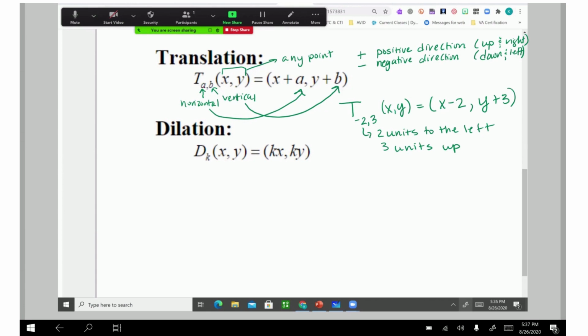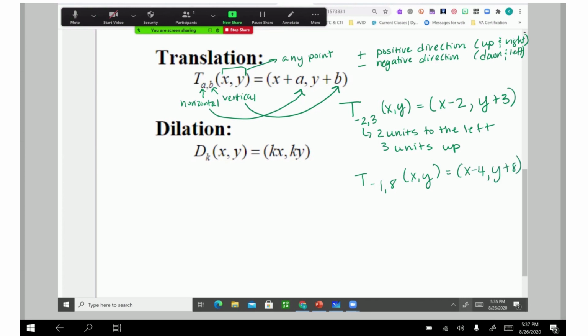Now, you're probably wondering, where did I get the numbers -2 and 3 from? I made them up. I just came up with a number. So can you. You can come up with any numbers you want. Say you wanted 4 and -8. Then you would simply write T(-4, 8)(x, y) equals (x minus 4, y plus 8).